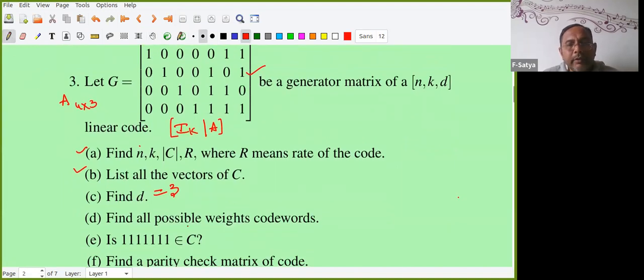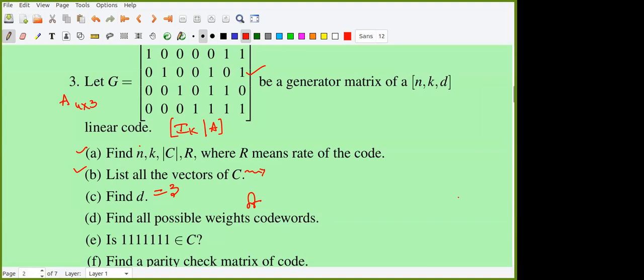Okay. Now the next question is to find all possible weights of codewords. See, how many vectors are there in C? 16, right?